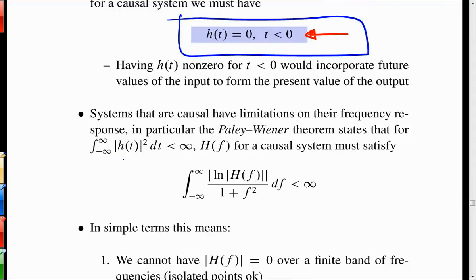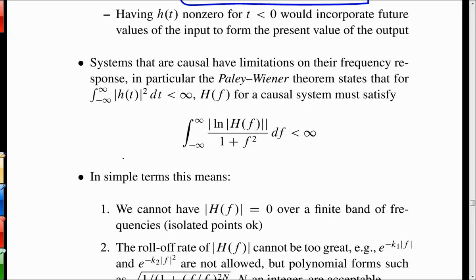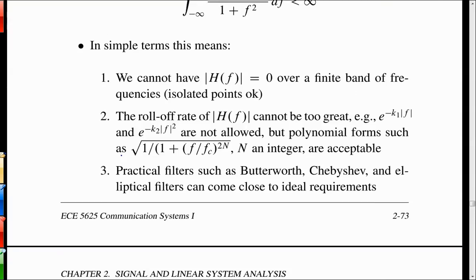I think this is in the book. I'm not remembering exactly where it is. Basically, this Paley-Wiener theorem says that when you come to design a filter, there are limitations on what you can make that realizable causal filter do. And the summary that I have down here, this is probably the most important one.